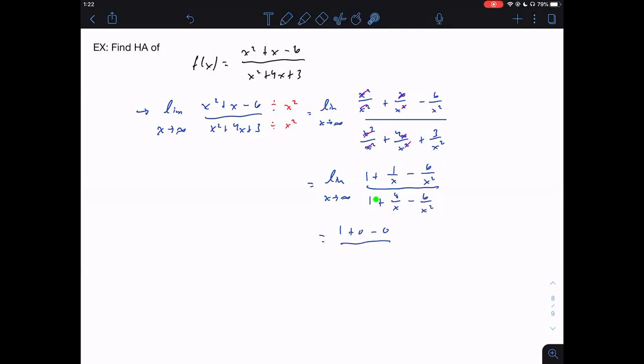Once again, the limit of 1 is just 1, plus 0 minus 0, leaving us with just 1 over 1, which is the same thing as just 1, meaning this rational function has a horizontal asymptote at, not x, y equals 1.